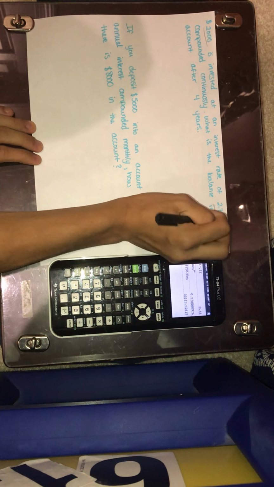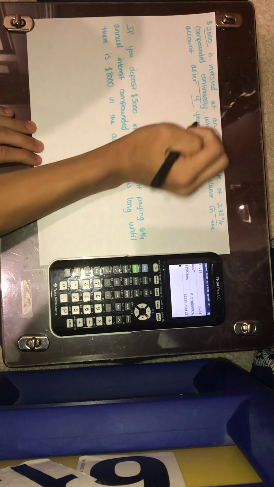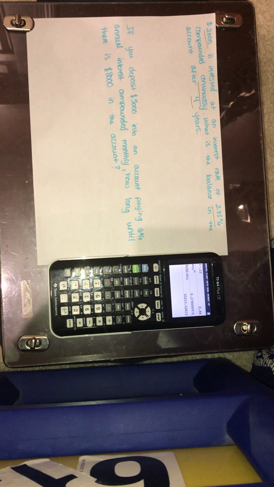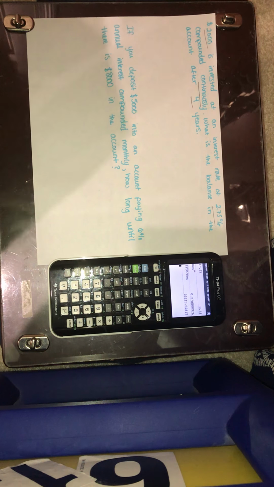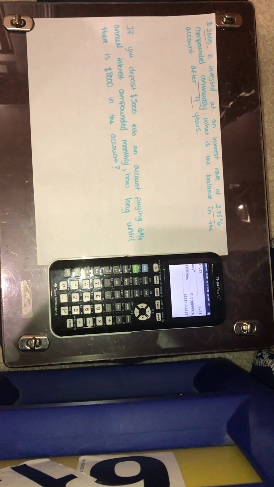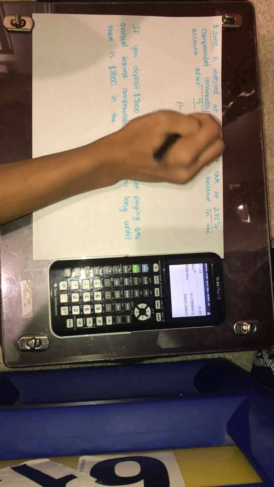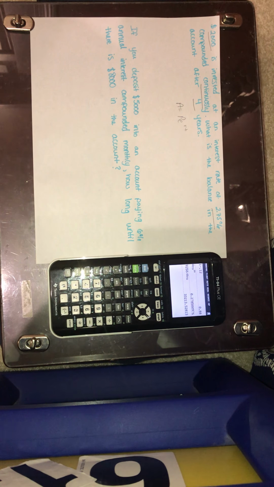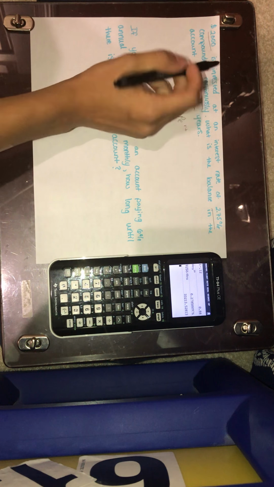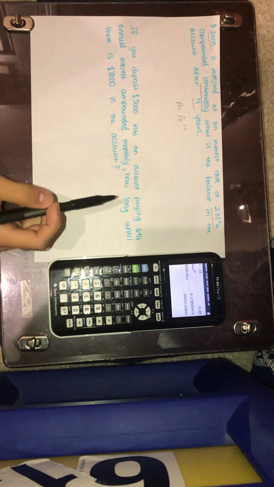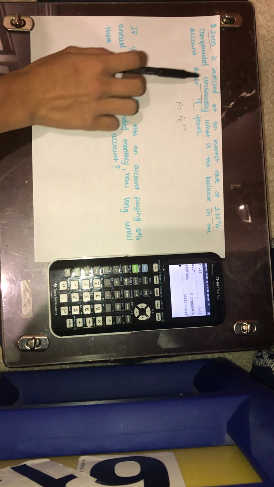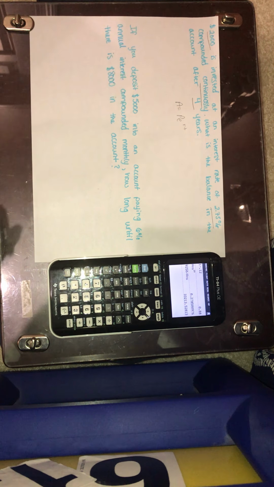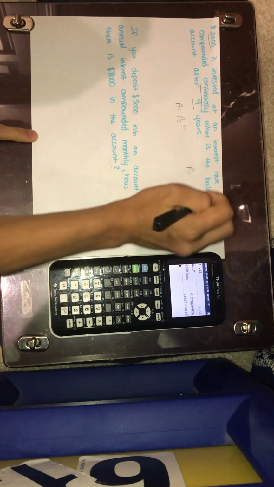Okay, so this is what I'm underlining. So, since it said continuously, we know that it's going to be PERT. And since it's invested at $2,000, we know that that's going to be the P value.